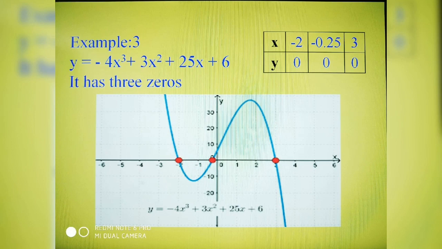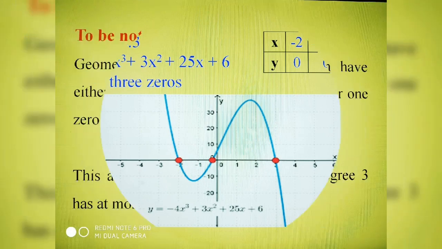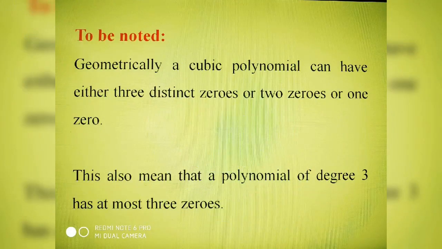So this polynomial has 3 zeros as this curve intersects the x-axis at 3 points. From this, we learned that geometrically a cubic polynomial can have either 3 distinct zeros, or 2 zeros, or 1 zero. This also means that a polynomial of degree 3 has at most 3 zeros.